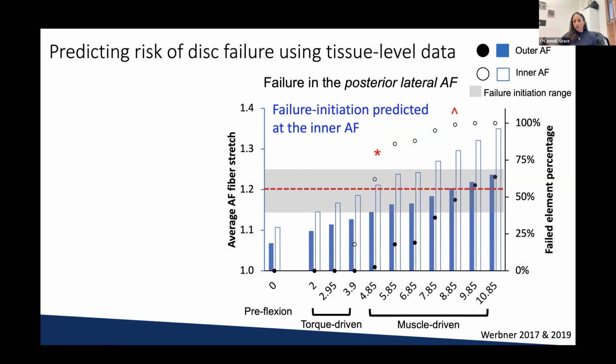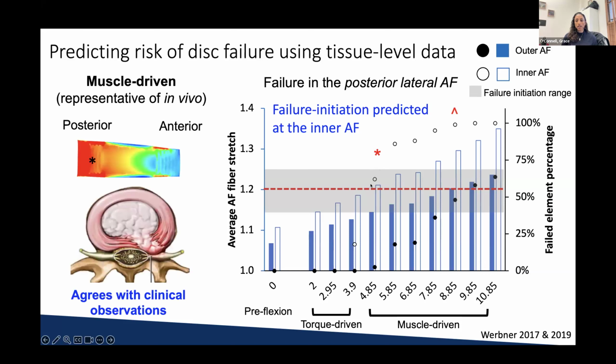As we further move that axis of rotation anterior of the disc, we see some really interesting findings. First, that failure initiates in the inner annulus fibrosus, shown by the asterisks here. And then as that continues on, that failure point starts to transfer more towards the outer annulus fibrosus.